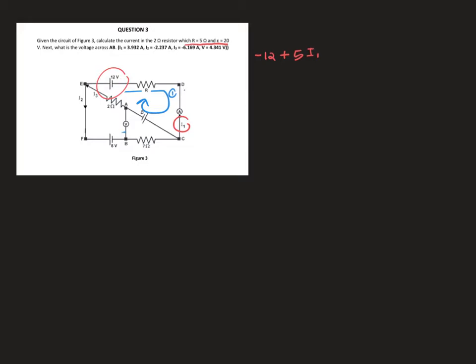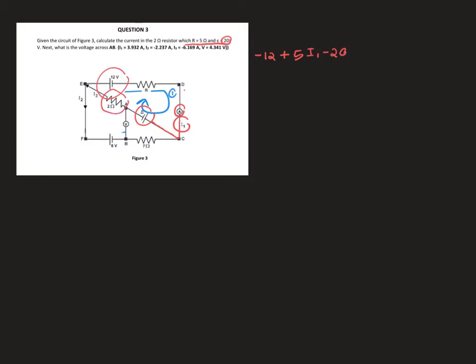You don't have to be bothered about the ammeter. The ammeter is just to measure the current flow over there, which is I1. Then my EMF here is 20 volt, and my assumption loop is moving from higher to lower, so it's going to be negative 20.